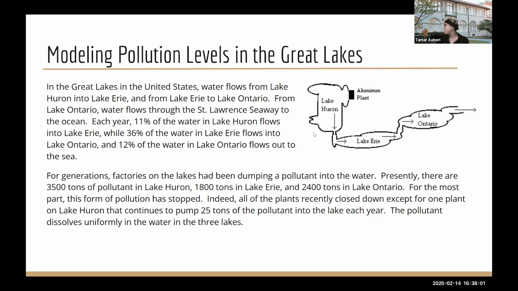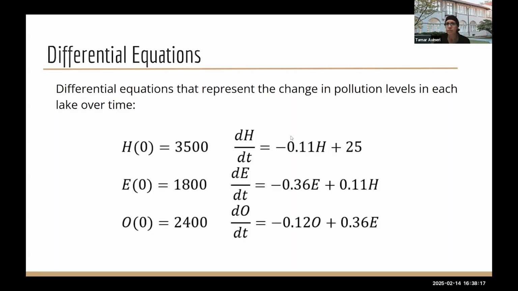Exactly. So dH/dt is 25 minus 0.11 H. And then similarly, in Erie we are gaining 11% of the current levels of H, and we're losing 36% of itself. Similarly, Ontario.